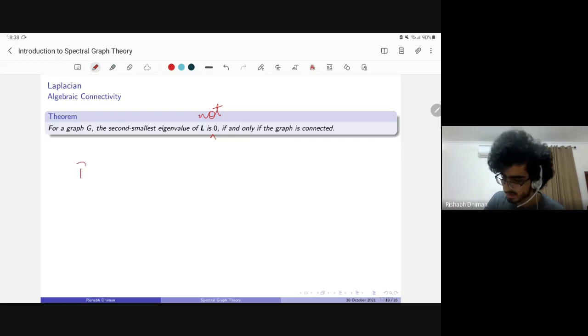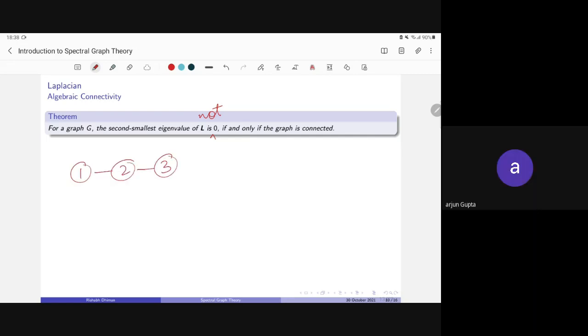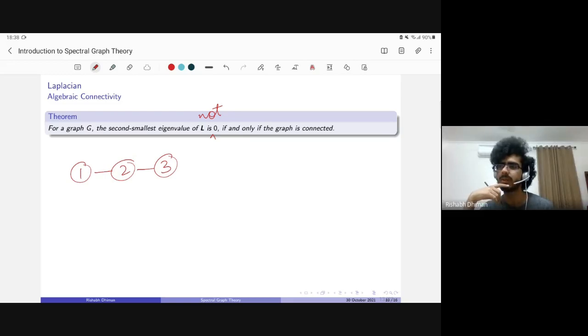So consider this graph. The first smallest value is zero, so by definition, the second smallest value can never be zero? No. What you can have is two independent vectors, both with the same eigenvalue 0.